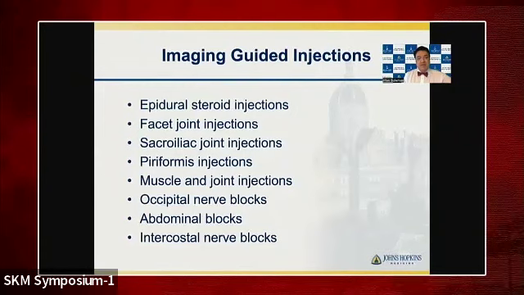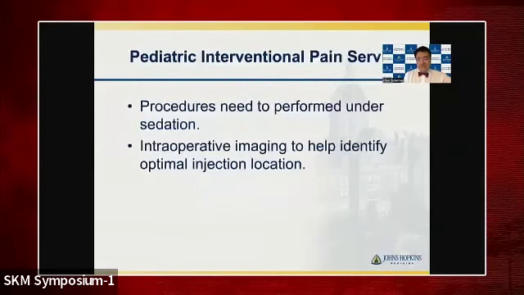They have epidural steroid injections for disc herniation. They have facet joint issues, SI joint issues, and piriformis issues with cheerleaders and dancers. We also do muscle or joint injections, occipital nerve blocks, abdominal blocks, and intercostal blocks. So we do all kinds of blocks.